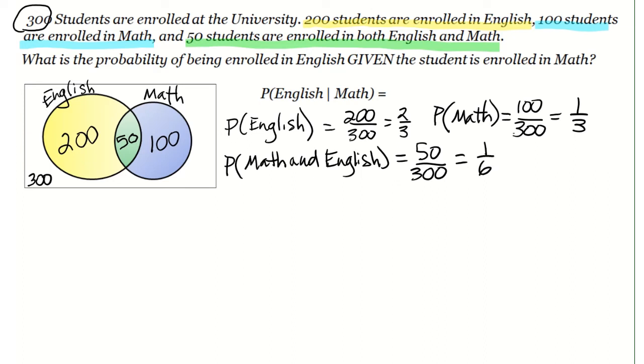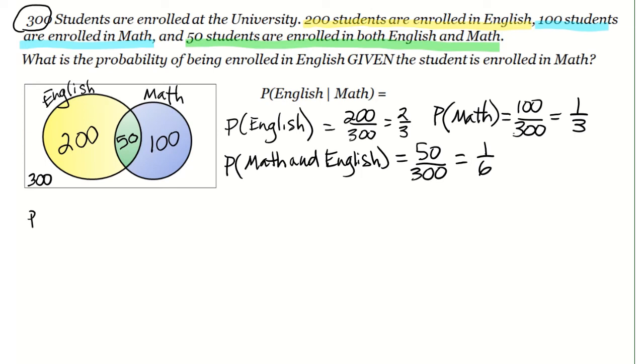So now I want to get the probability of being enrolled in English given that the student is enrolled in math. Let's take a look at that formula, and then we'll see how to solve it with the Venn diagram.